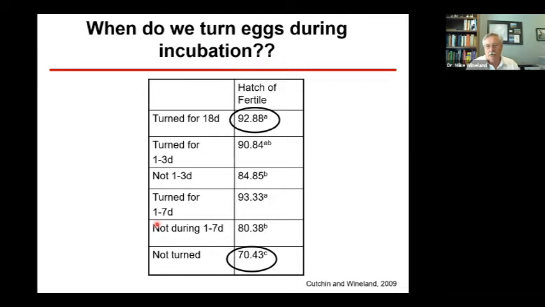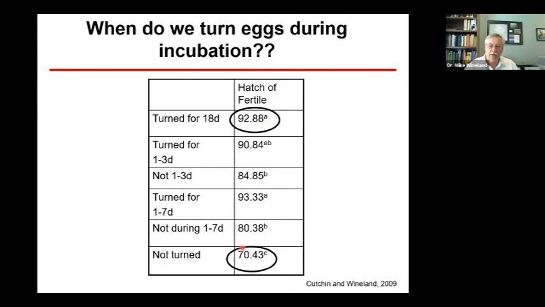Here's some data from a trial that a student of mine, Heather, had run, and she had 6 groups of eggs. She had one group where she turned them for 18 days, and you can see she had 93% hatch of fertile.